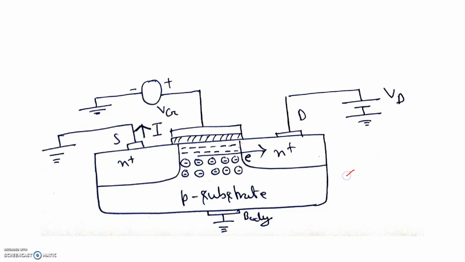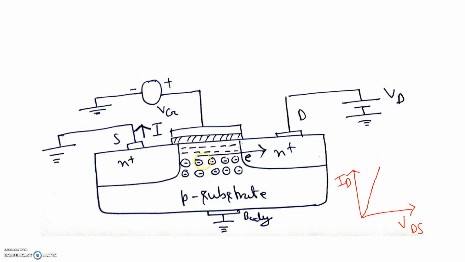As a result, if we plot the current in the y-axis, that is the drain current or ID, and this is applied VDS or drain to source potential, then we got some kind of graph like this. This is an almost linear graph, and this follows the V is equal to IR relation. From the relation of V is equal to IR, we got this kind of graph intuitively.